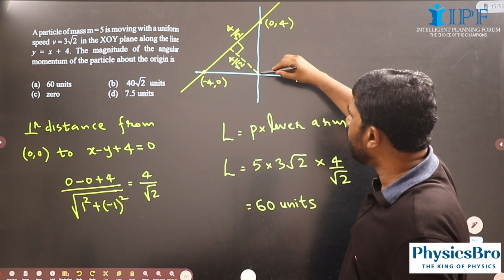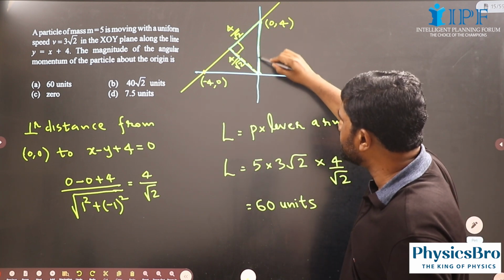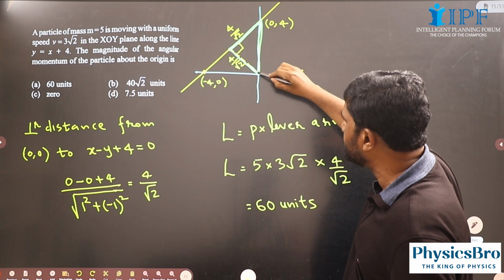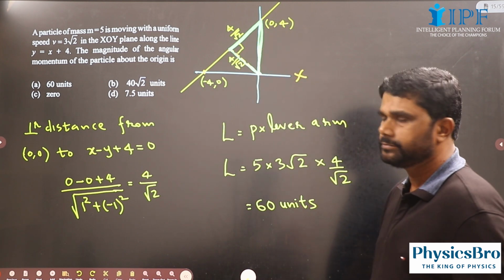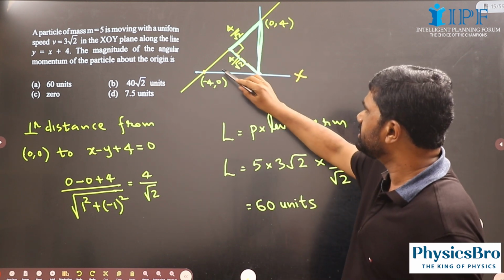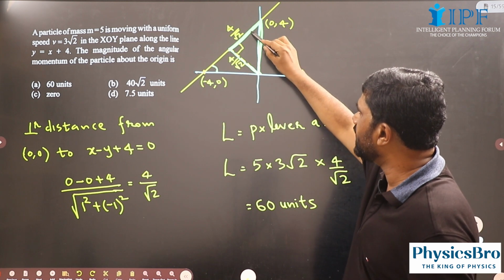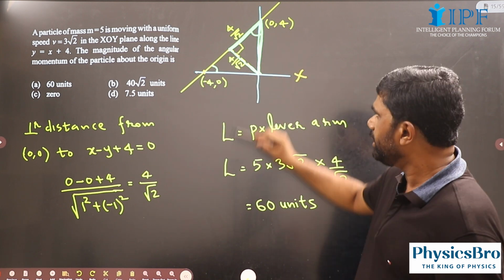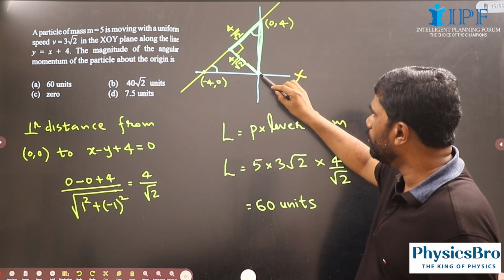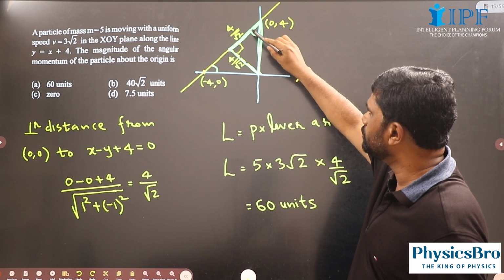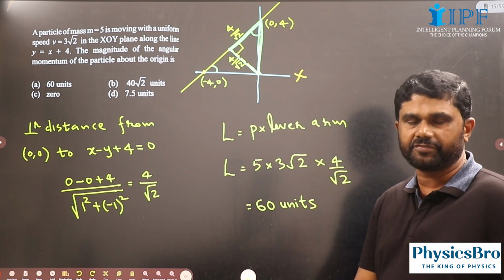Now children, we have this right triangle here, no? We have a right triangle here. Okay, and see this angle is 45 degree, this angle is also 45. Okay, because this is 4 units and this is 4 units, so this must be 45 and this must be 45.